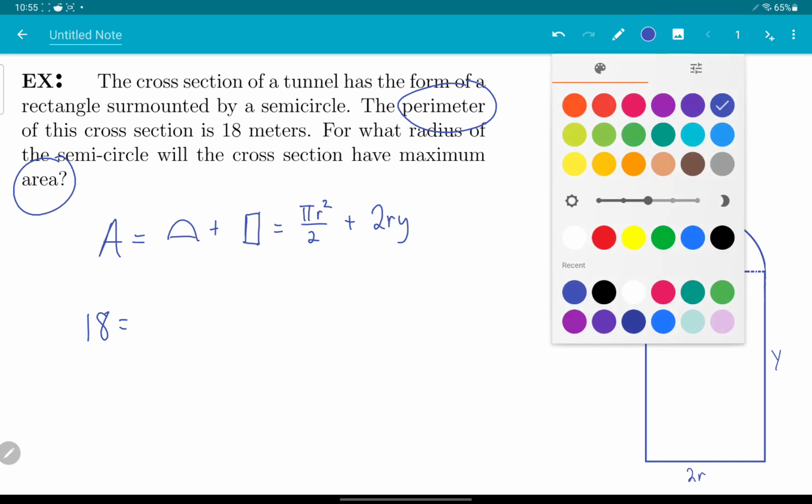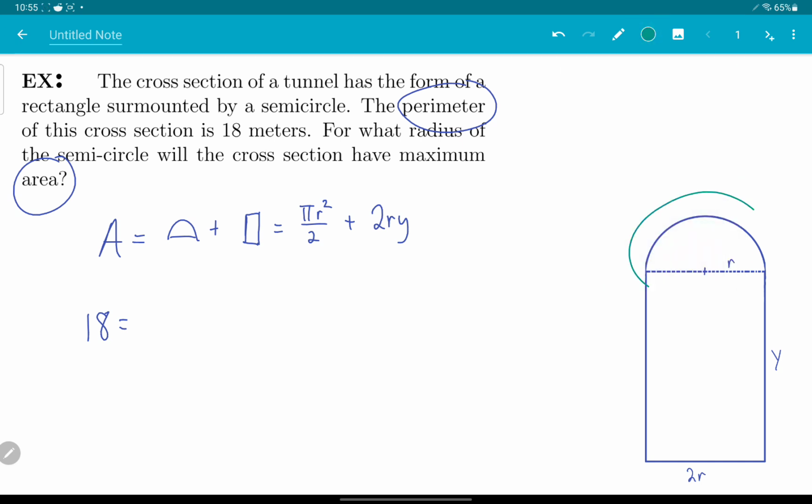Perimeter is a bit trickier. We have to remember the circumference of a circle. So a circumference of a circle is pi times diameter. We want half the circumference. So we want c over 2, which is pi times d over 2. And d over 2, the diameter is, well, there's the diameter.